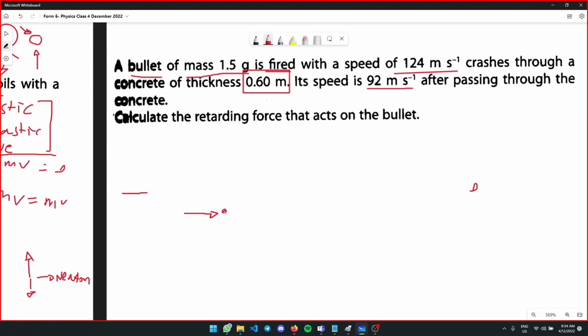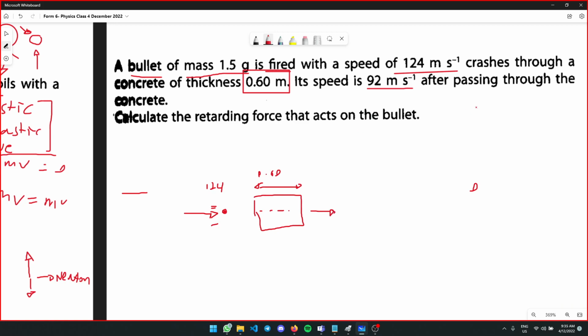It's going fast, and the value given is 124. This is the concrete thickness, 60 centimeters, that's 0.6 meters. That's quite thick actually. And then it shoots and still comes out.